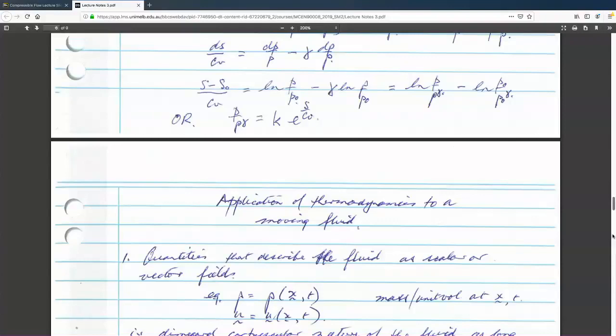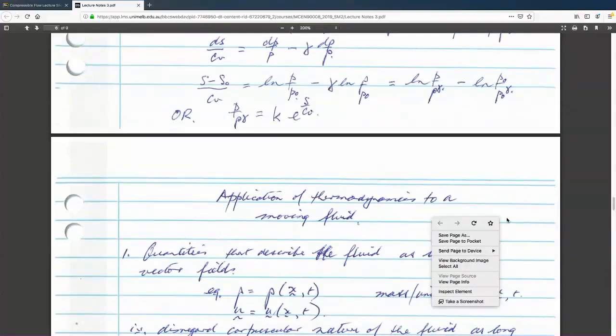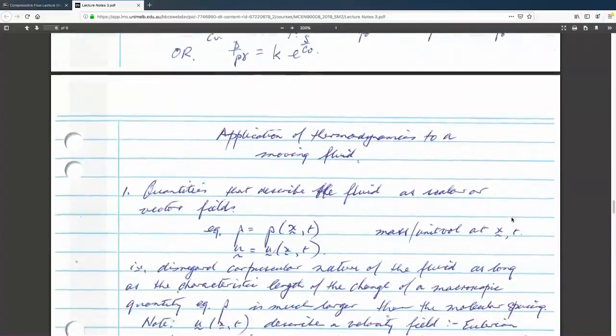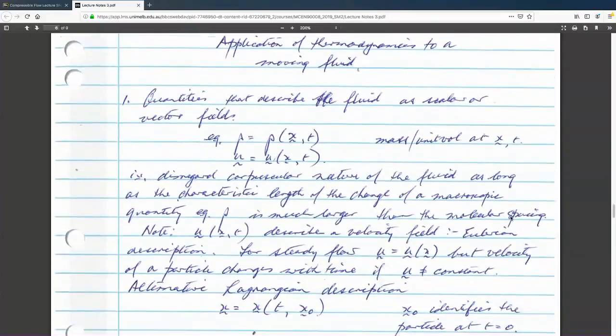So why? Well, let me close with this. What is the application of thermodynamics to a moving fluid? Here's the heart of the matter. Firstly, the quantities that describe the fluid are either scalar or vector fields. Now, what is a scalar field? Rho is a function of x and t, where x is the position.